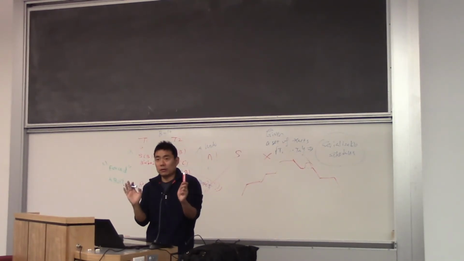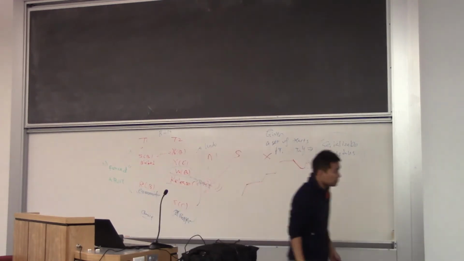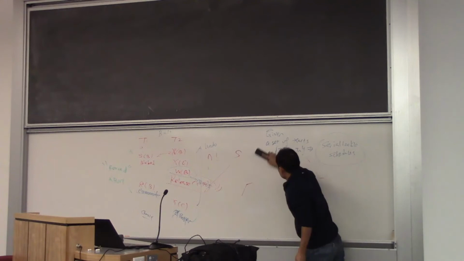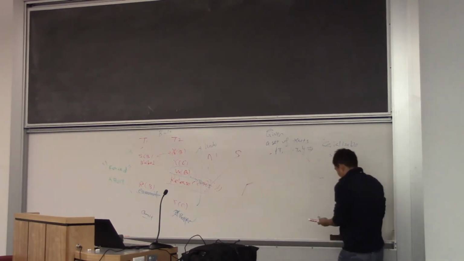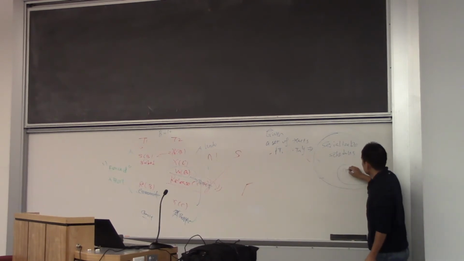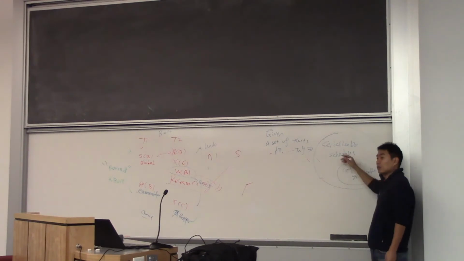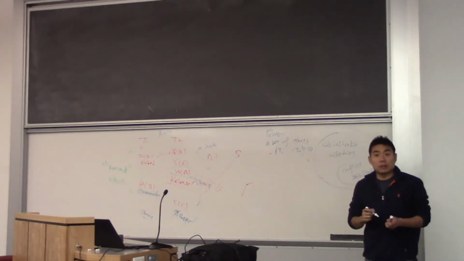Do you all follow me? So this is essentially the picture here. Draw this as a big set. And conflict serializable schedules are a subset of the set of all serializable schedules.